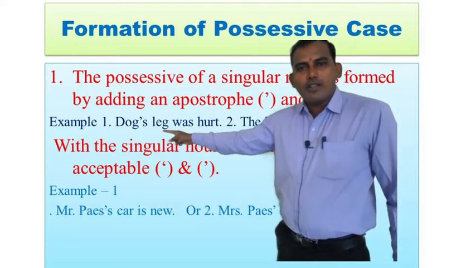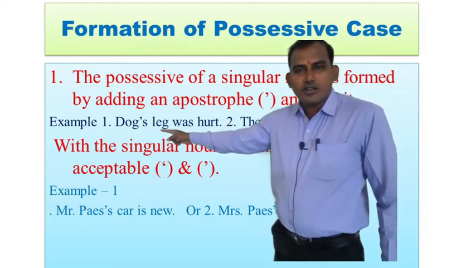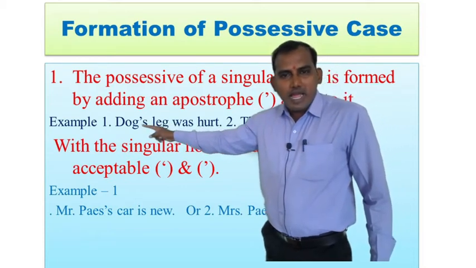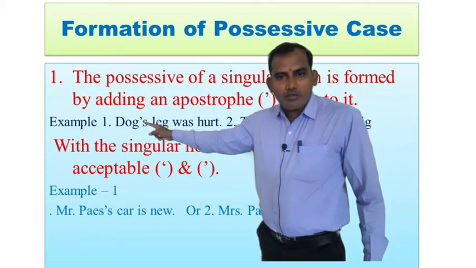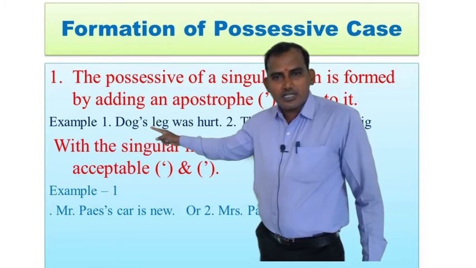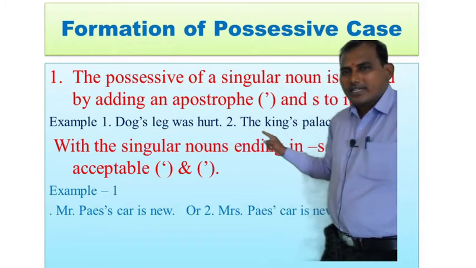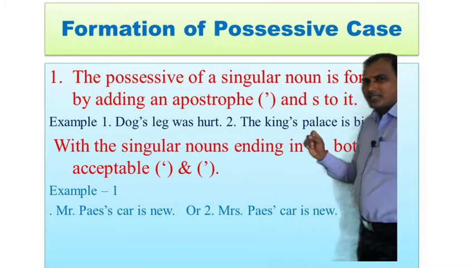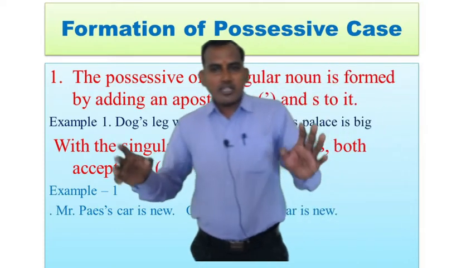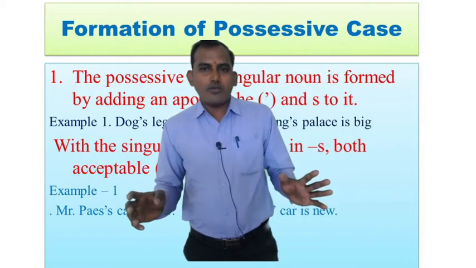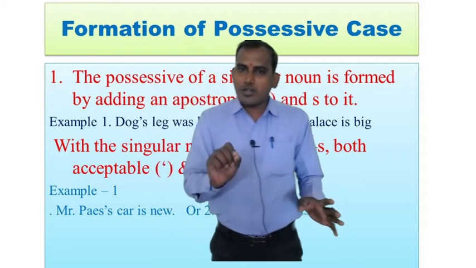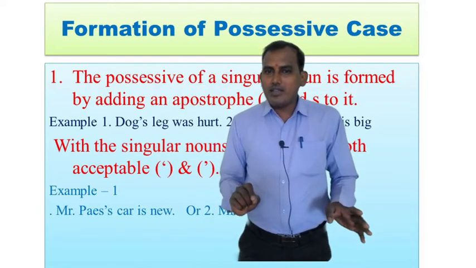Dog's. We form this possessive case simply by adding apostrophe and s. Second sentence, the king's palace is big. King is the root word and we have added apostrophe and s.